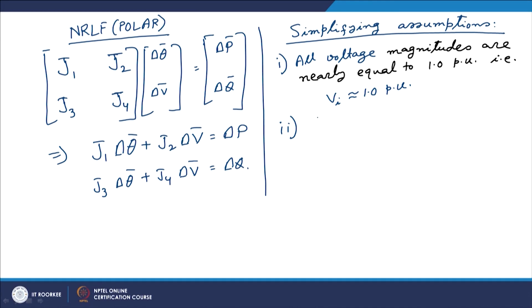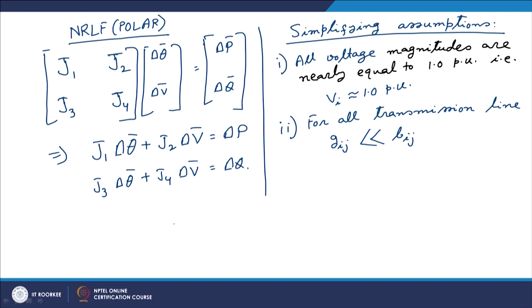The second simplifying assumption is that for all transmission lines, Gij is very much less than Bij.